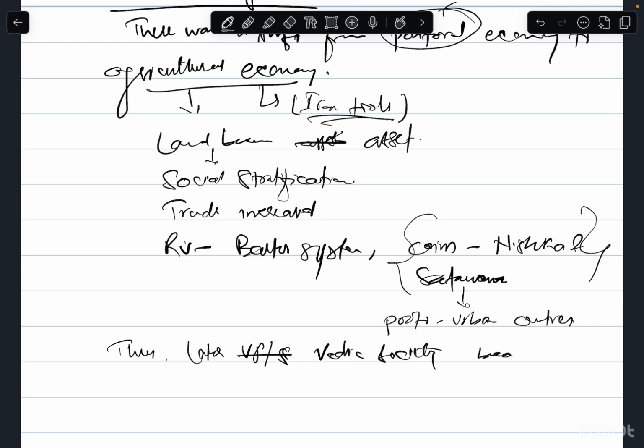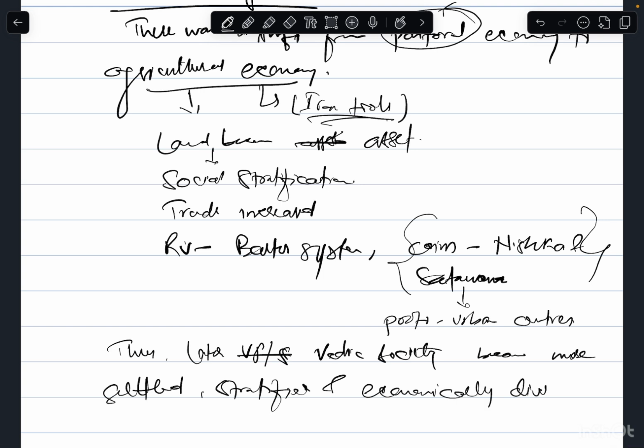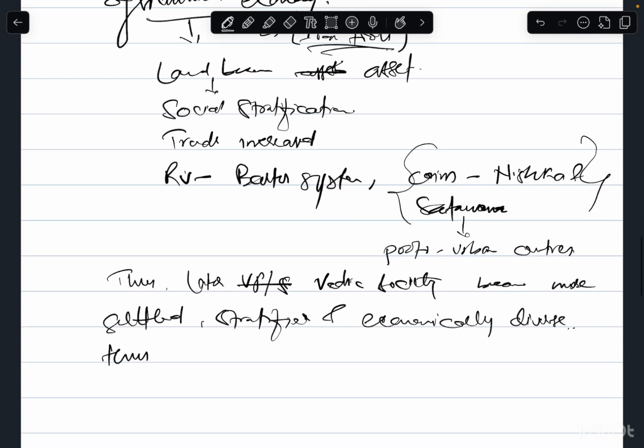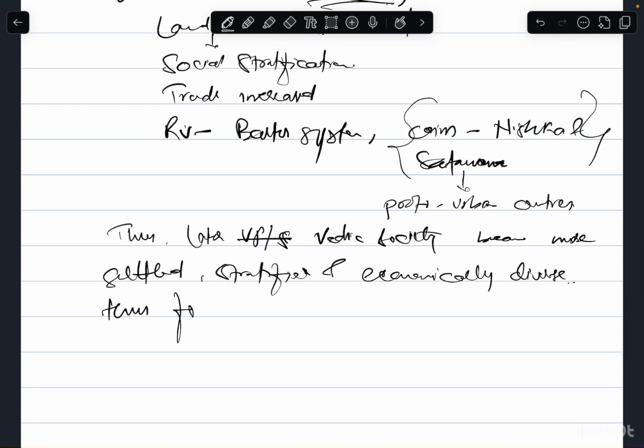It became more settled, stratified, and you can say economically it was diverse, and thus forming the foundation stone of state formation.